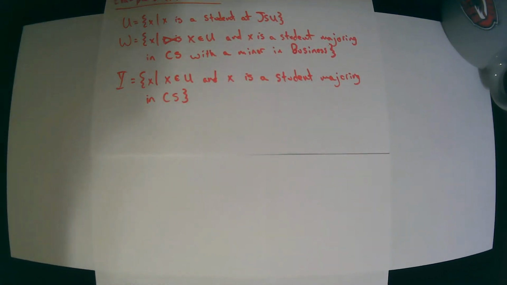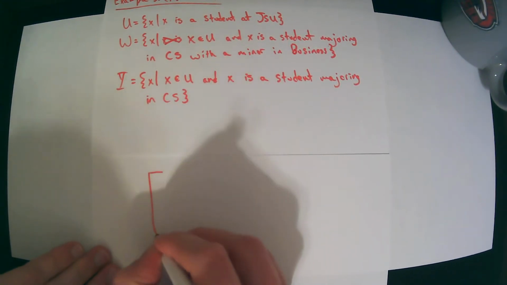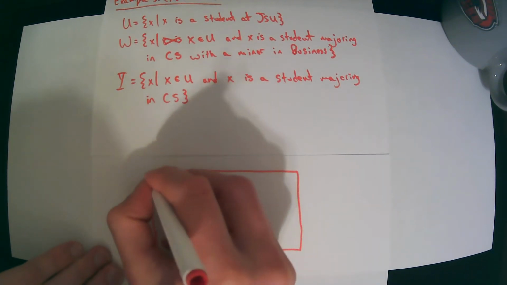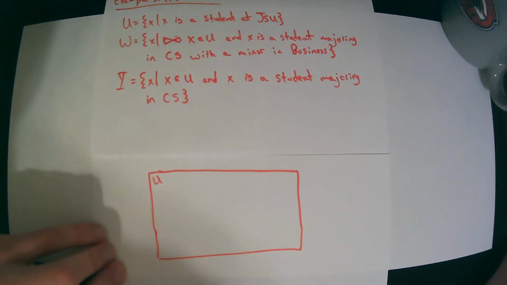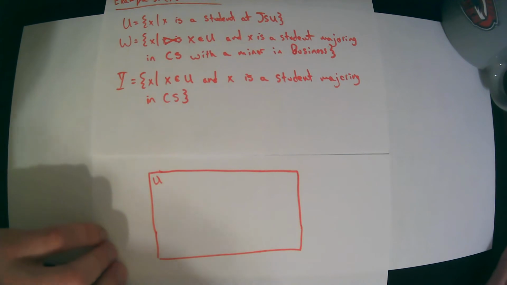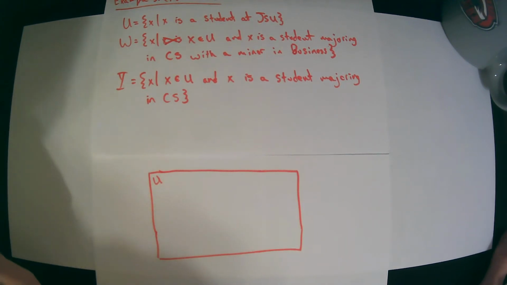So we've got the universal set, that's easy. It's just a rectangle. So these are all students at JSU with different majors. Then we've got W, the students with a major in computer science and a minor in business. And Y are just the students majoring in CS. Which set is the bigger set?